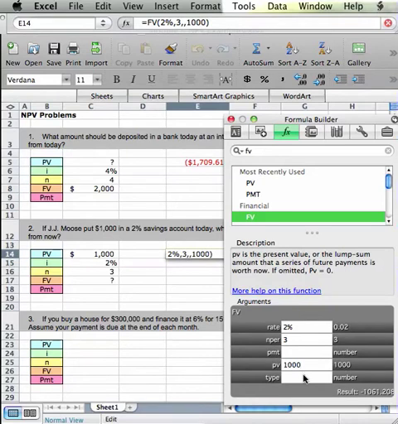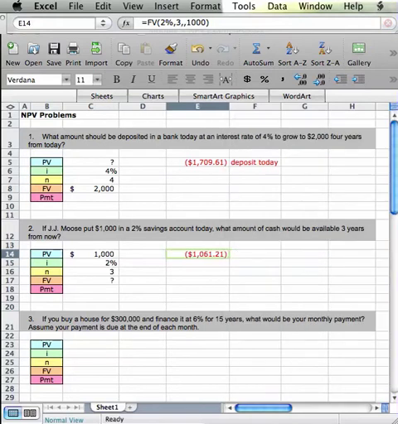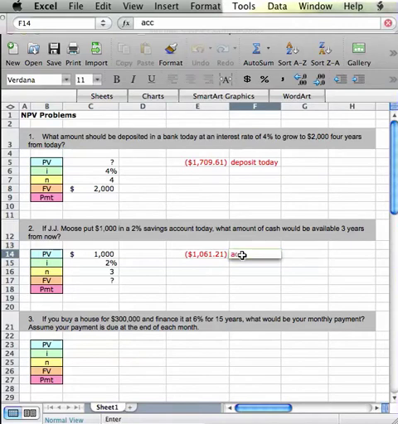Again, the type does not apply because this also is not an annuity or a payment stream example. We'll select enter, and we'll be given $1,061.21. So had I deposited $1,000 today in a 2% interest rate savings account, I would earn an additional $61.21 after 3 years' time. That would be my account value.